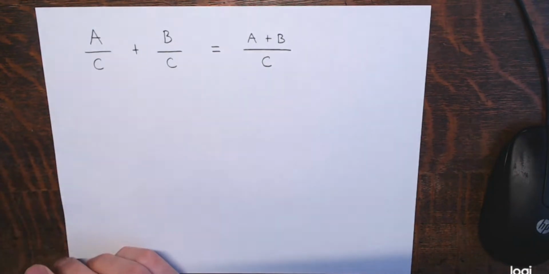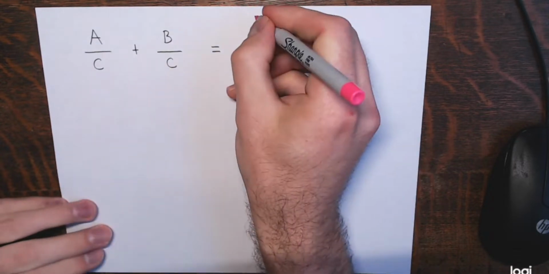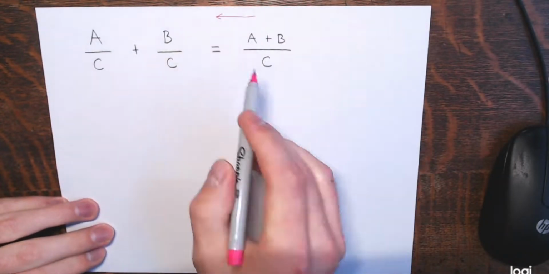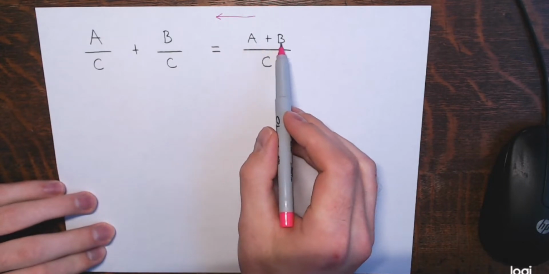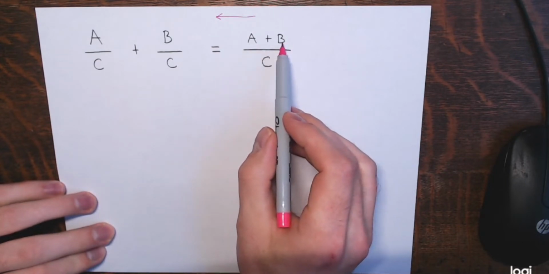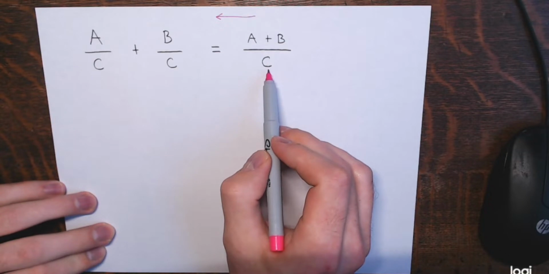Well, all we're doing here today in this video is going this direction. I'll have a polynomial with multiple terms in the numerator divided by some expression, divided by a monomial. And you just split them up.